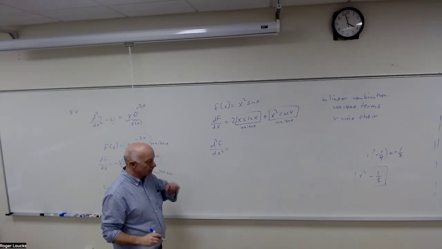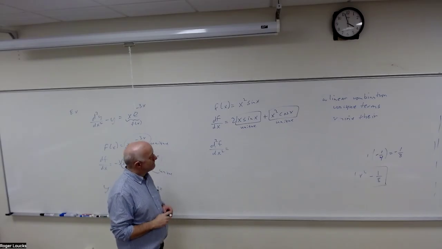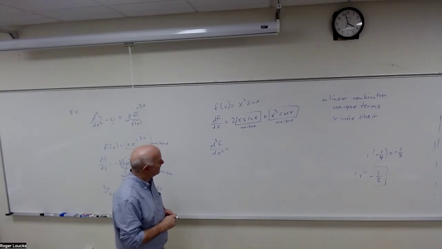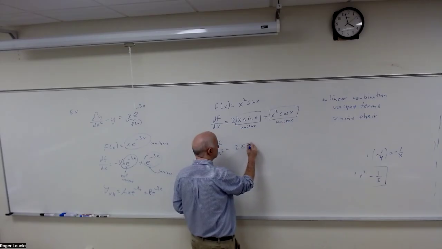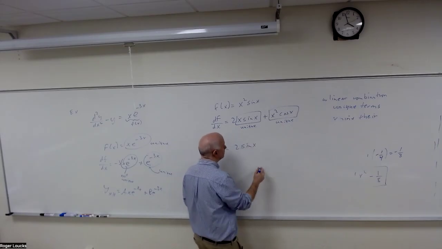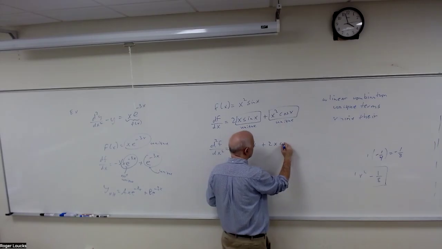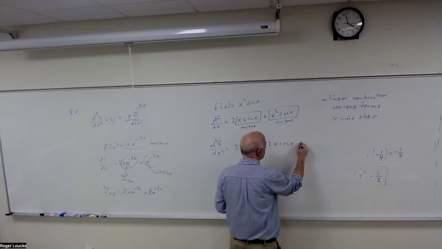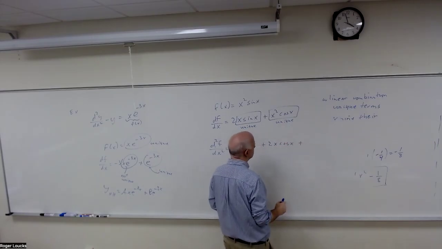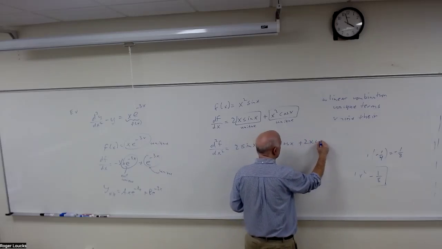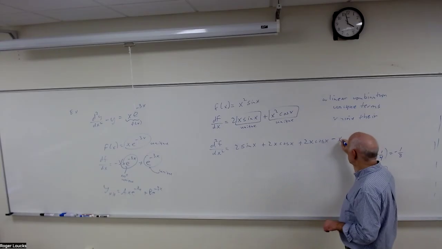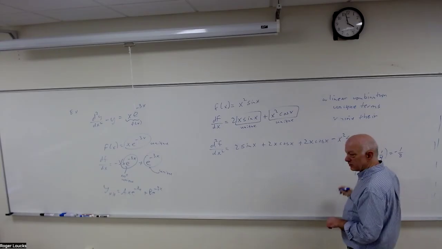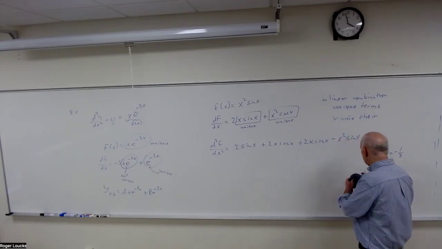So let's do the second group. 2 sine of x, 2x cosine x, plus 2x cosine of x. Agree? Now we just look for unique pieces.